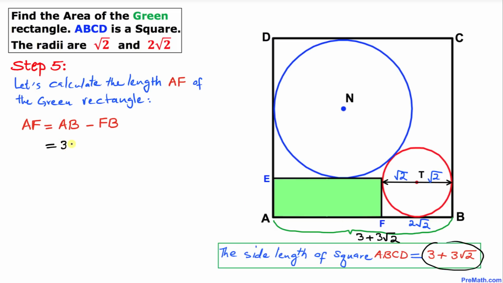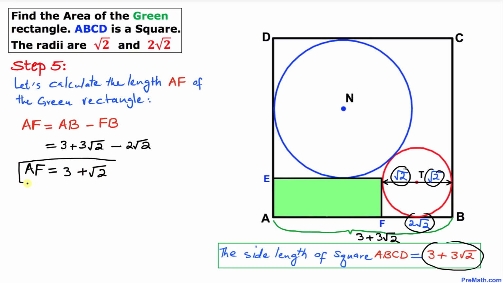Let me just go ahead and write down 3 plus 3 times square root of 2 minus FB, which is simply the diameter of this smaller circle, which is square root of 2 plus square root of 2, turns out to be 2 times square root of 2. I'm going to subtract 2 times square root of 2.